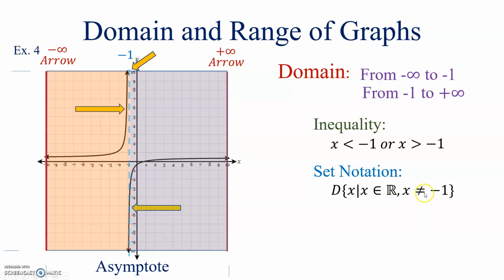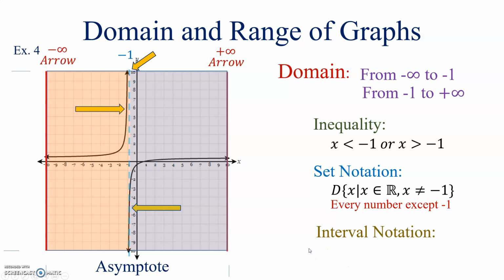However, x cannot equal -1. So this is a fancy way of simply saying every number except -1. Again, the little element symbol, and that's the symbol for all real numbers. So it says x is every number except -1. Again, don't let it confuse you. It's just a different way of writing it.